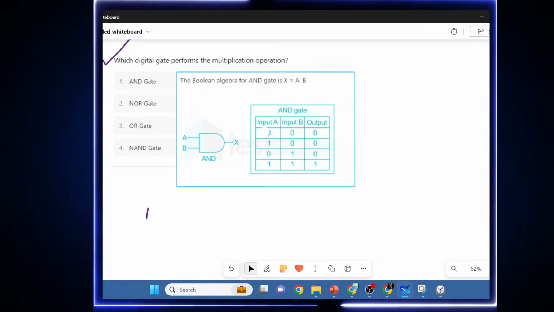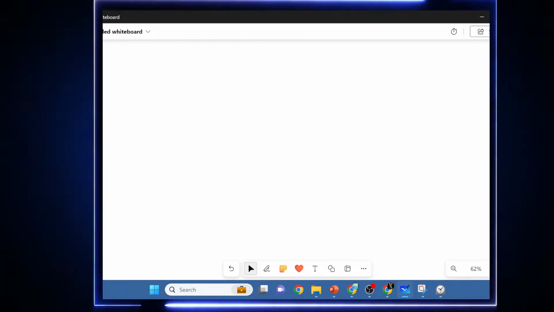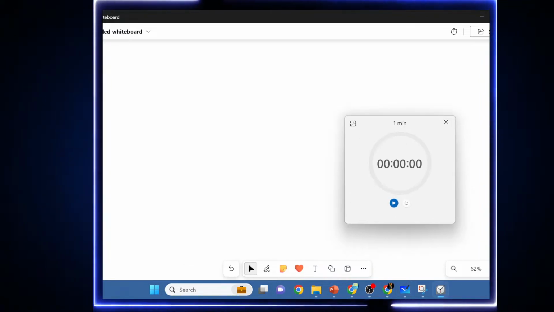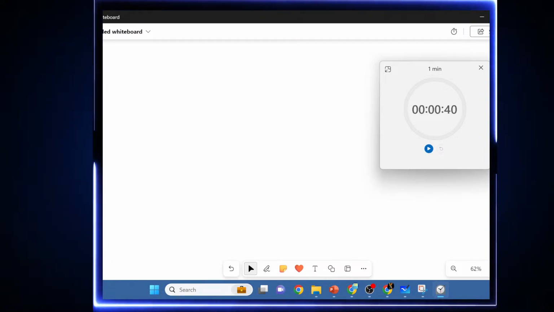The AND gate works as a multiplication operation, right? So this is the first question. Now let's move on to the next question. Again, I will give you a simple timer of 40 seconds.